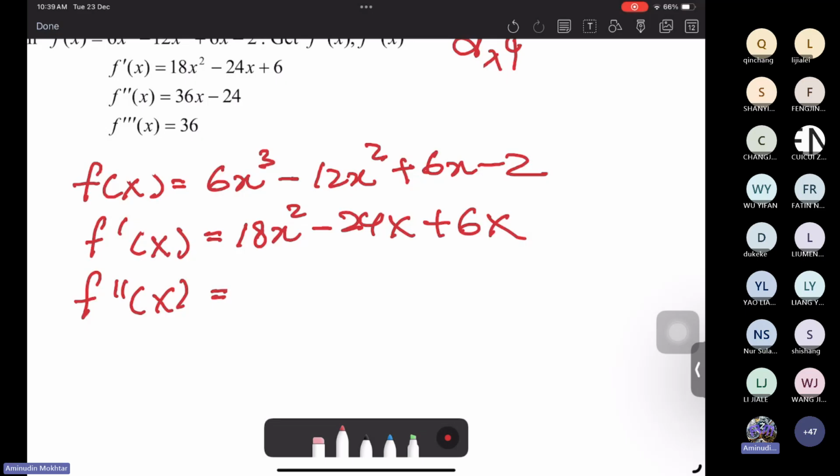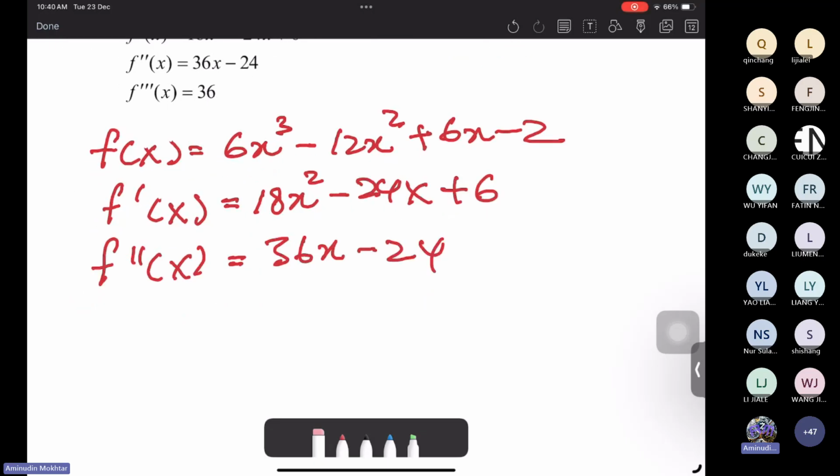This equals 18 times 2 is 36x to the power of 1, minus 24, plus the derivative of 6, which is 0. So it is 36x minus 24.